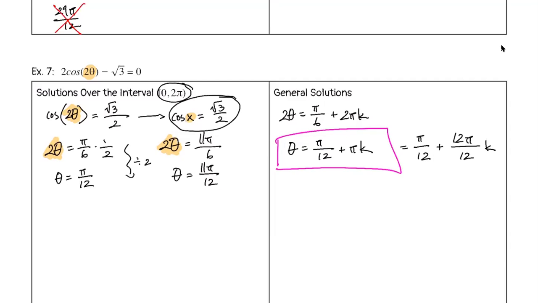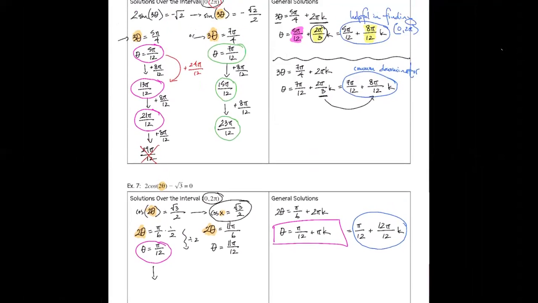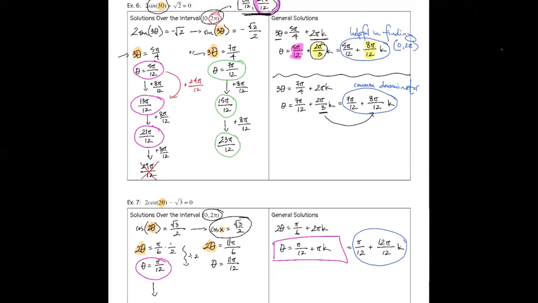And this is sort of that optional piece that actually prepares you super well for thinking about what we add to this, because it's not always 8 pi over 12. If it was always 8 pi over 12, I would have given you a formula and said always add 8 pi over 12, right? But how come last time we added 8 pi over 12 and this time we're adding 12 pi over 12?